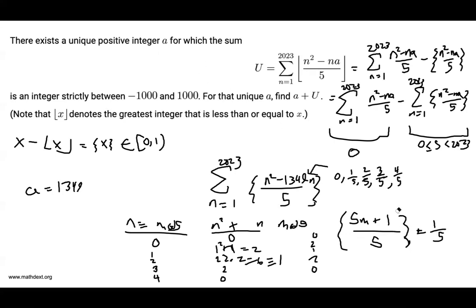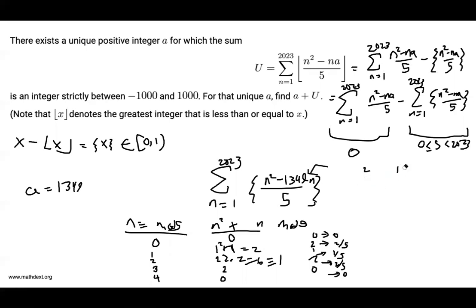Similarly, the fractional part for something that's 3 mod 5 is going to be 2/5. So n equals 0 contributes 0 to the sum, n equals 1 contributes 2/5, n equals 2 contributes 1/5, n equals 3 contributes 2/5, and n equals 4 contributes 0 to the sum.